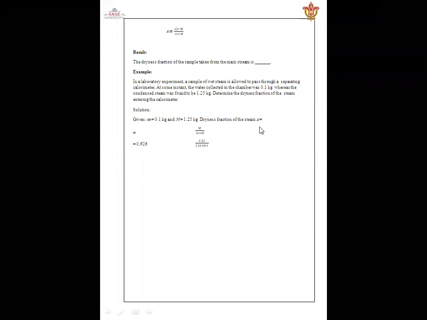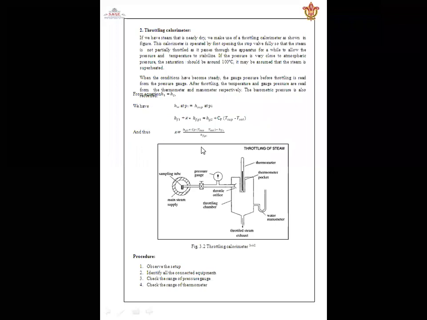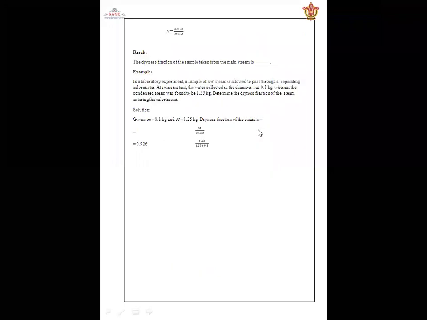Then the formula can be used: X is equal to capital M upon small m plus capital M, and the total formula gives the dryness fraction of the steam, which is 0.926. This is the total value of the dryness fraction which is measured: 0.926.